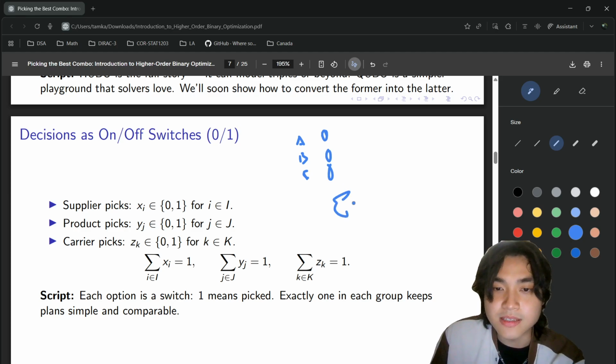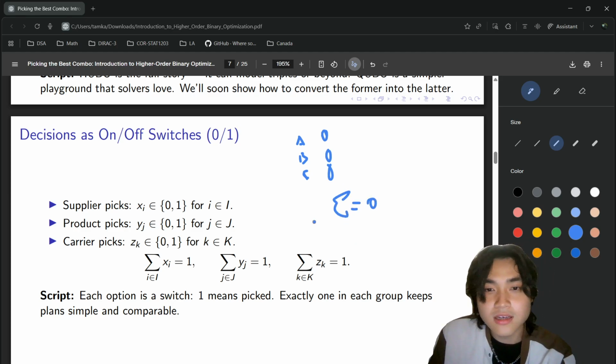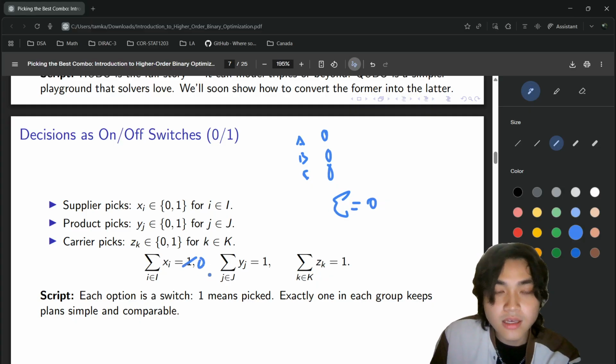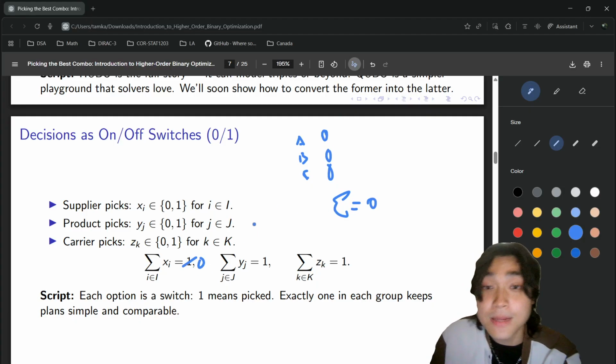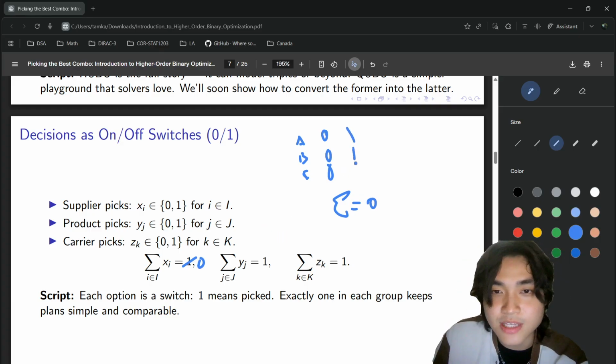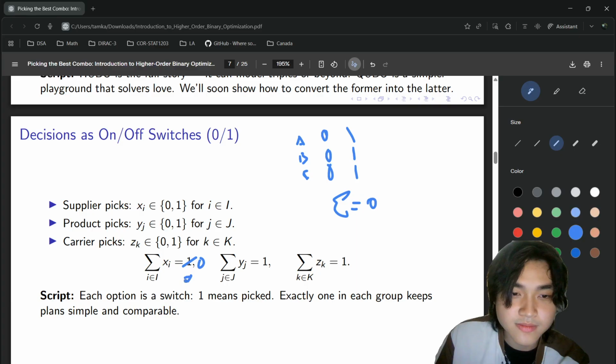So the sum of all of them is 0. On the other hand, if I want to maximize the objective function, then I'll choose everything 1, 1, 1. Then this will become 3.